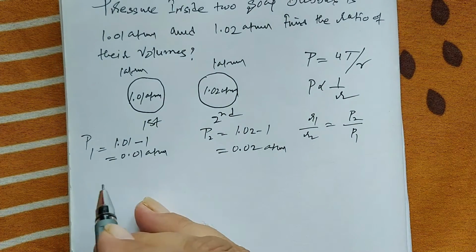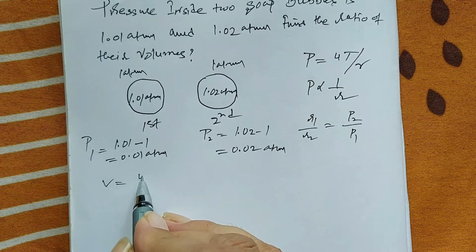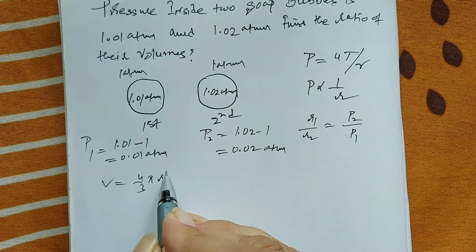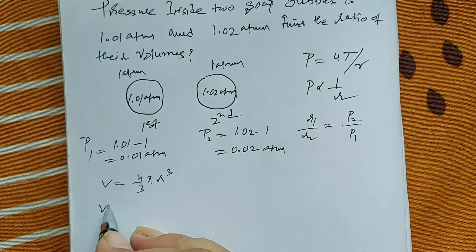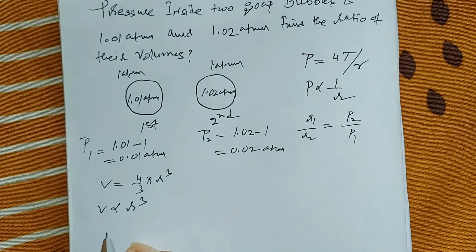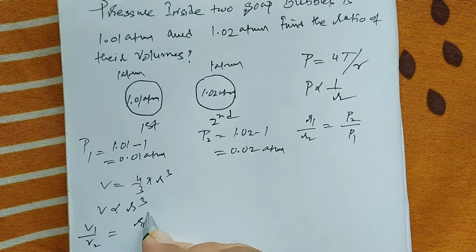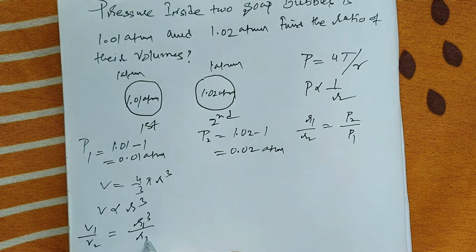Right. So here volume of the bubble is equal to 4 by 3 pi R cube. That means V is directly proportional to R cube. That means V1 by V2 is equal to R1 cube by R2 cube.